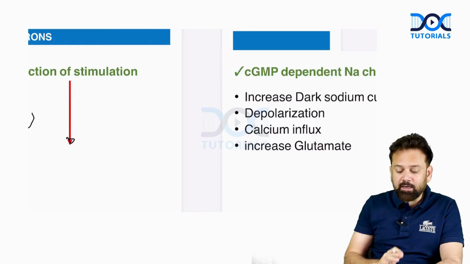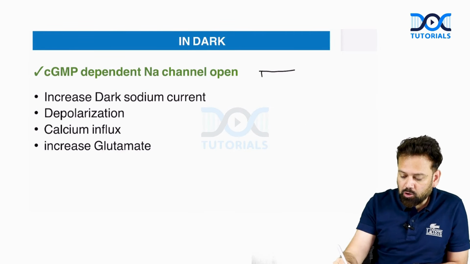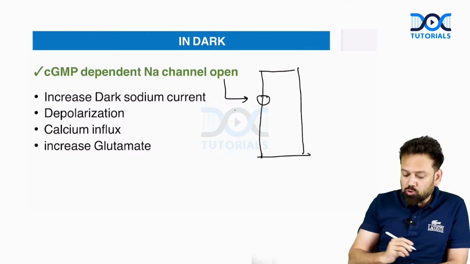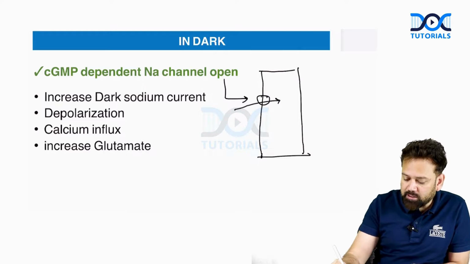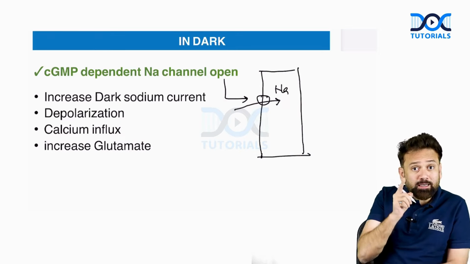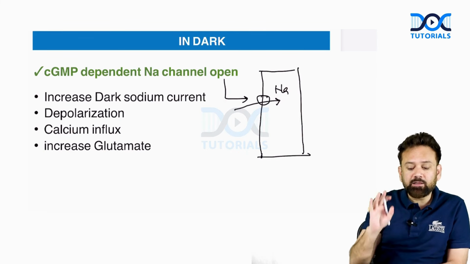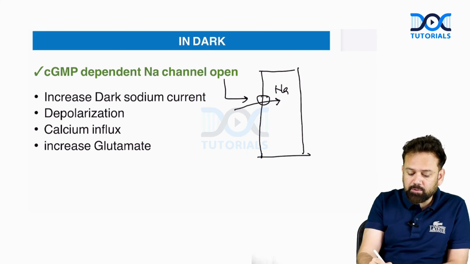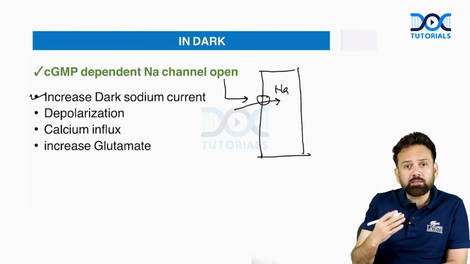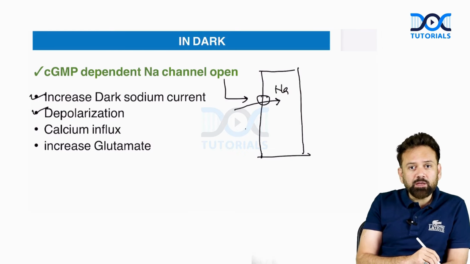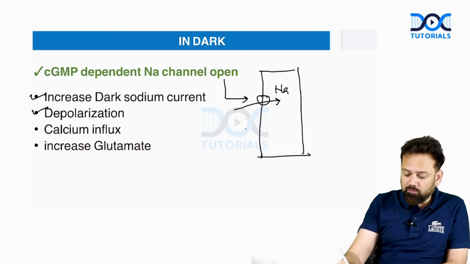How will they be stimulated? Let me discuss. In dark, rods and cones have which channel? Answer is cyclic GMP dependent sodium channel. So sodium keeps on coming inside. During dark, mind it, sodium keeps on coming inside. It is called dark sodium current. And because there is the influx of cation, it will cause depolarization. And when there is depolarization, it will open voltage gated calcium channel.